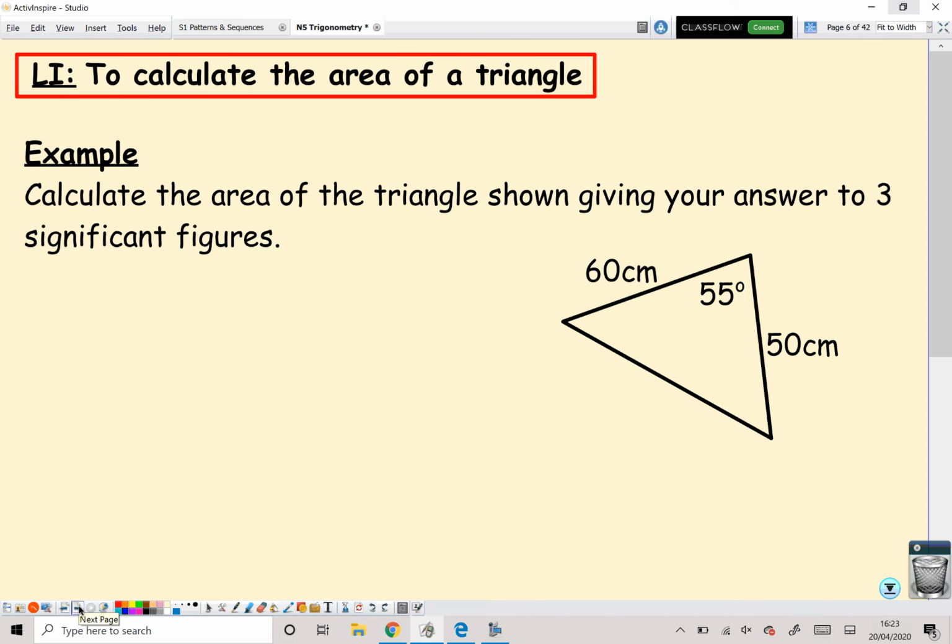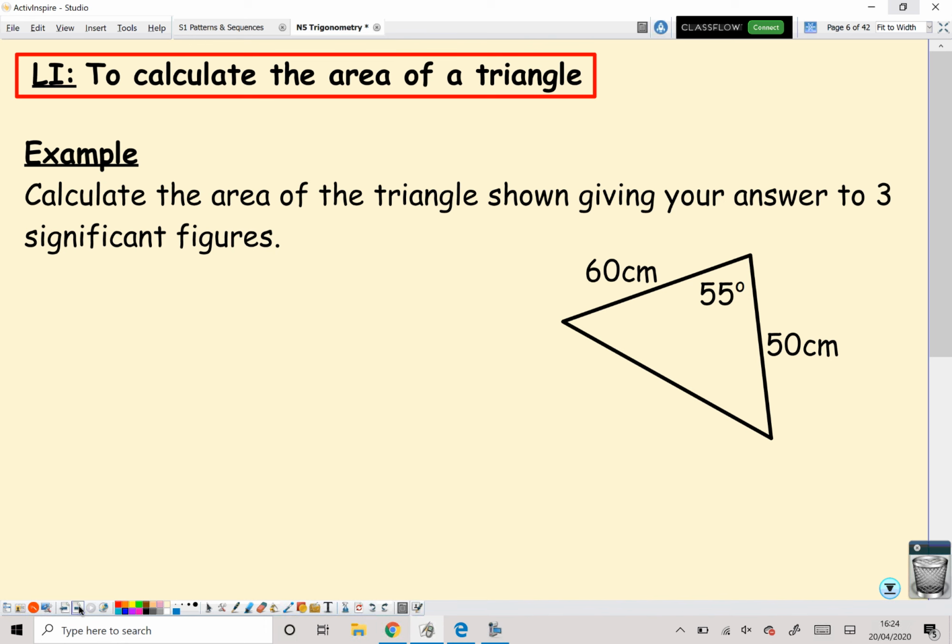One more example. Let's have a look at this one. We're going to calculate the area of the triangle shown, giving your answer to 3 significant figures this time, so a little bit of revision of significant figures. Now, this triangle hasn't been labelled. One of the things quite early on in the trigonometry unit that I find in experience is students get a bit of a muddle about labelling sides, and what's A and B and what's C, because you're trying to match things up with a formula.